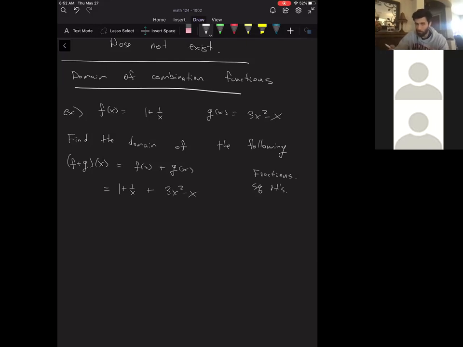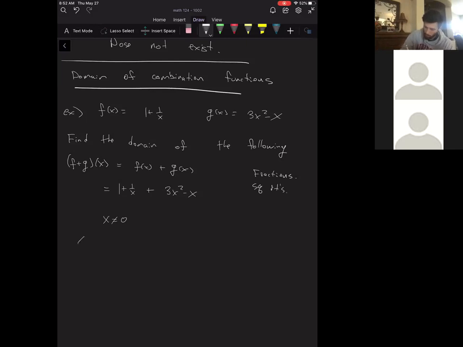There's no square roots here, but we do have fractions. There's one fraction, right here at 1 over x. You remember that the bottom of a fraction can't be 0. So what's the bottom of this fraction? Well, the bottom of that fraction is just x. So because of that, x can't be equal to 0. There's no other fractions and no other square roots, so the only issue is if x is equal to 0.